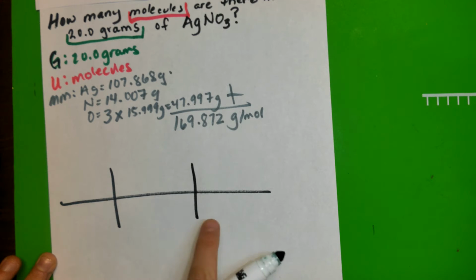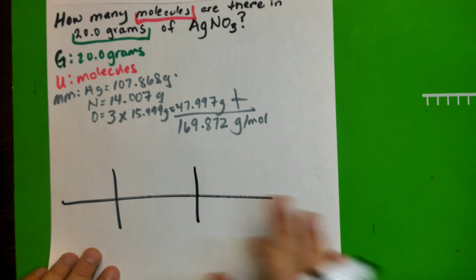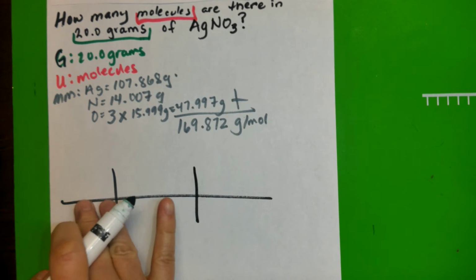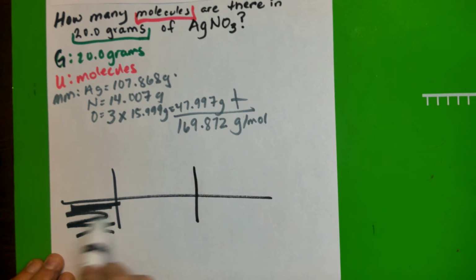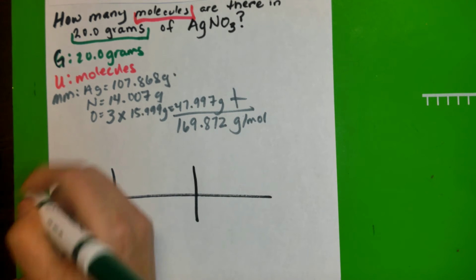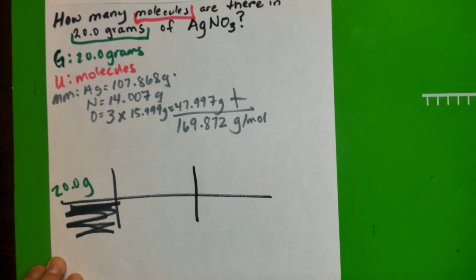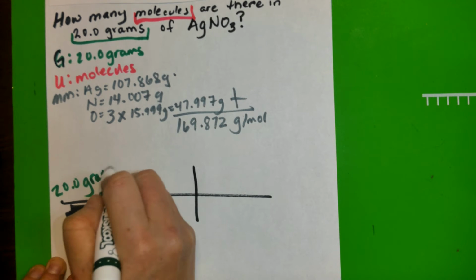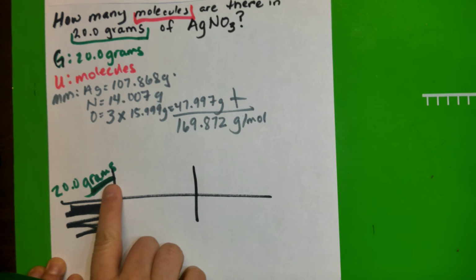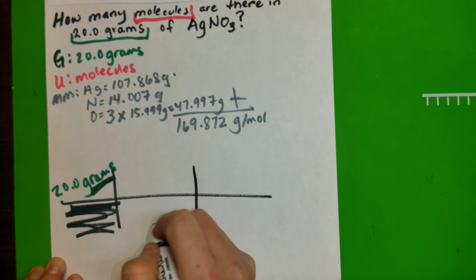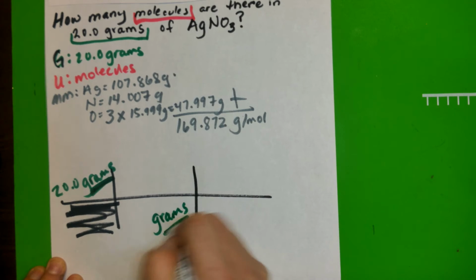So one's for the particles and the other one's for molar mass and the other one's your given. Remember there's nothing here in the bottom. Your given is 20.0 grams. Since this is grams right here, across diagonal should be the same, grams.